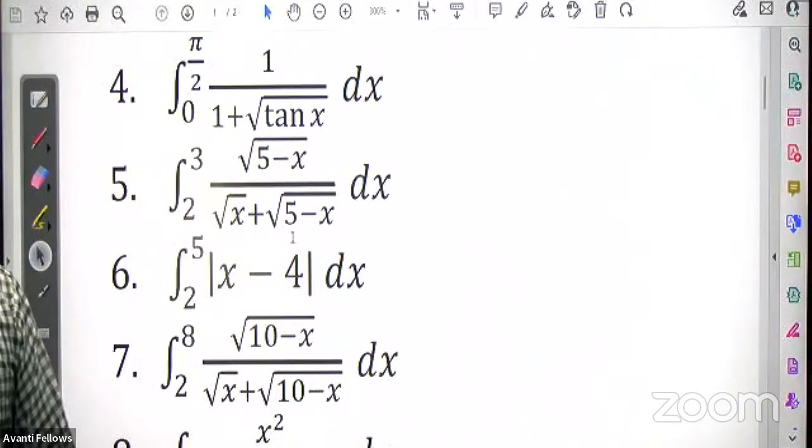The fifth problem also uses almost the same property, the property of definite integrals.